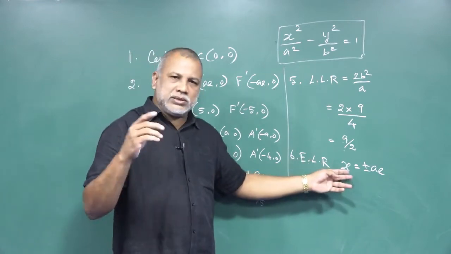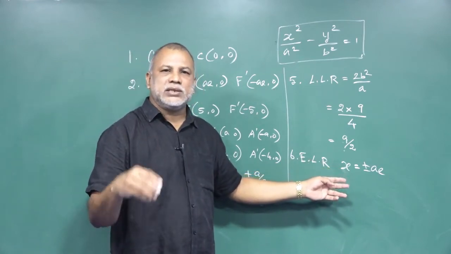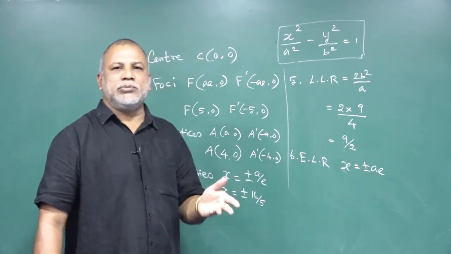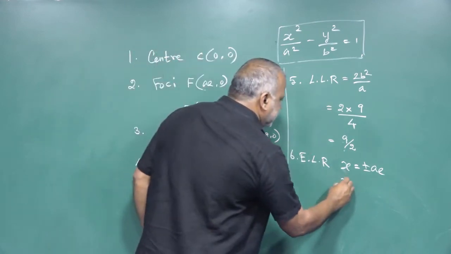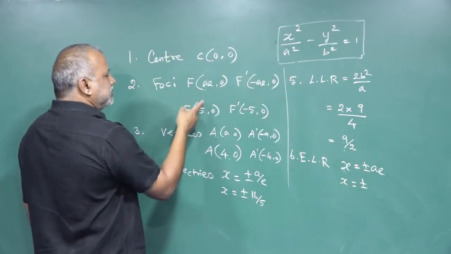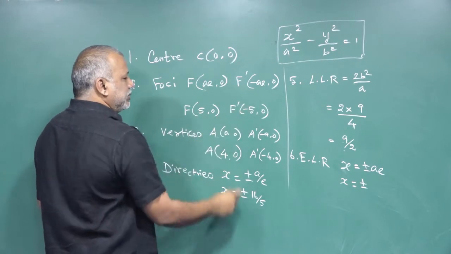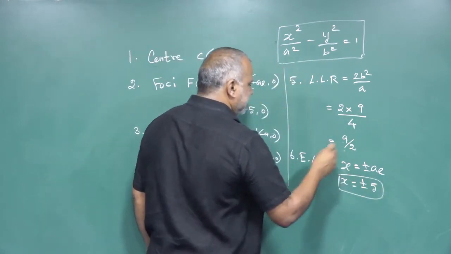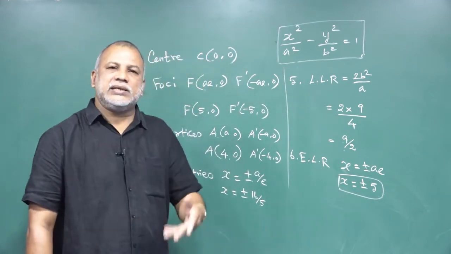Therefore, it must pass through the focus. What are the values of the focus? (ae, 0) and (-ae, 0). Take x equals plus or minus ae. You already worked out the value of ae: ae equals 5, minus ae equals minus 5. Therefore, x equals plus or minus 5. This is the equation of the latus rectum.